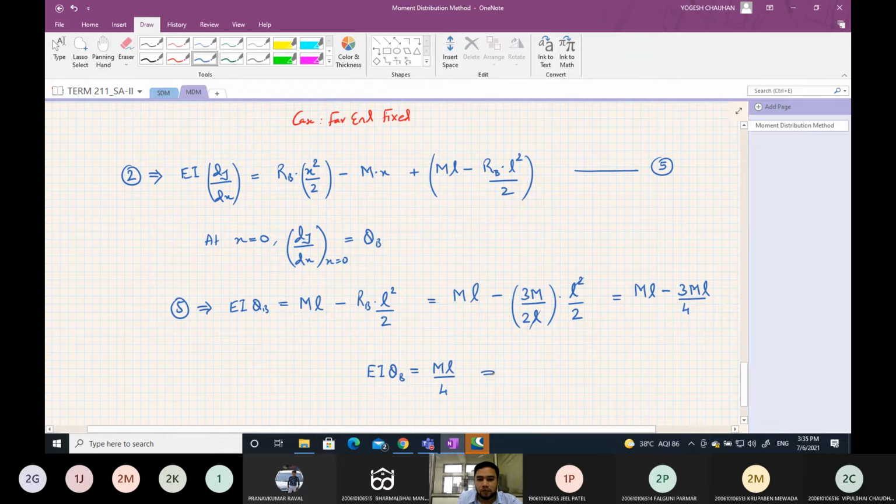So from this we can write m is equal to 4 EI theta b by L.